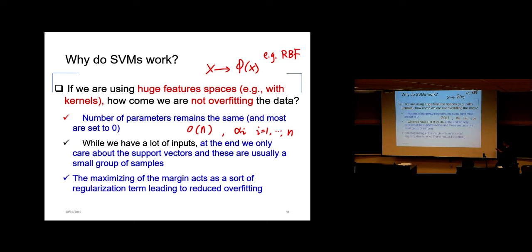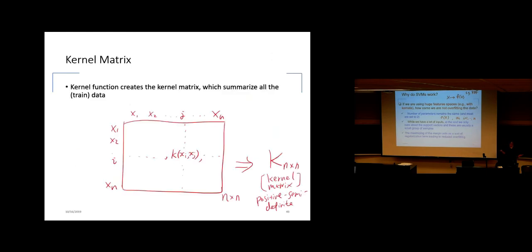You can actually prove that this type of margin definition leads to a reduction of overfitting. So the combination, controlling the parameter size and at the same time controlling the margin, is a regularization. It's two different types of control, but it's extremely flexible at the same time.